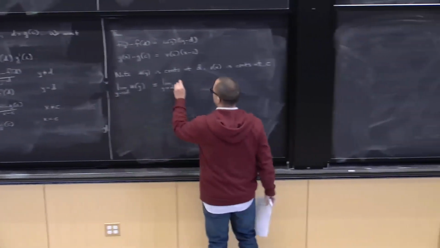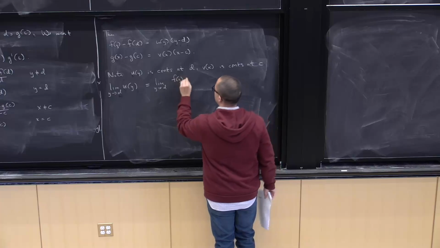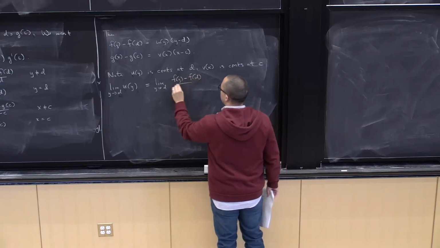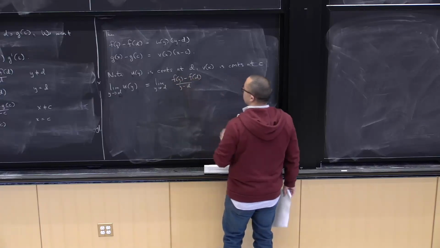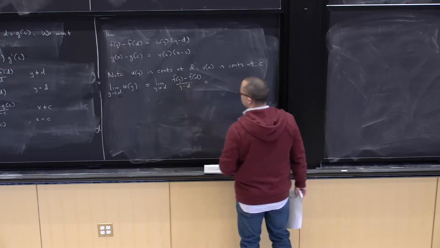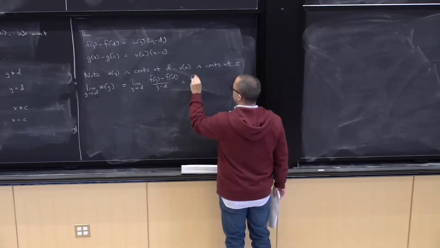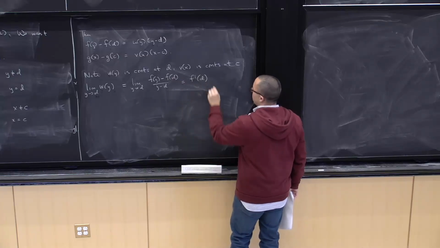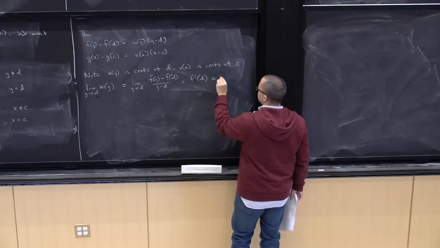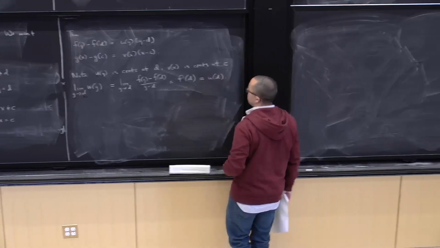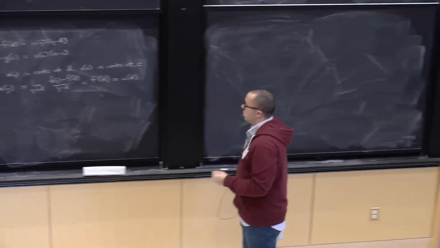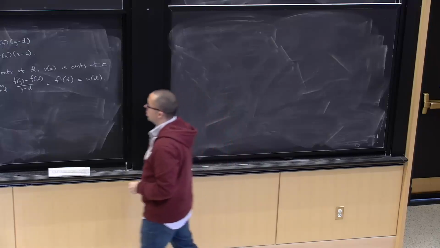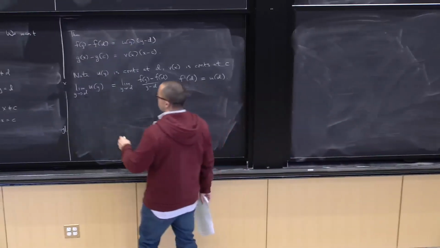So this is the limit as y goes to d of f of y minus f of d over y minus d. And this is just the definition of the derivative of f at d. So remember, d is g of c, so f is differentiable there. And this is, by definition, f prime of d, right? So this function u is continuous at y equals d.